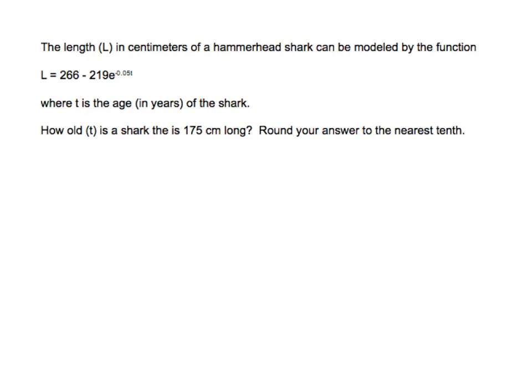Quite often we represent growth of animals or plants or things like that exponentially, and this is an example of that, and then how we can actually solve it. Again, we have a story problem. The length in centimeters of a hammerhead shark can be modeled by the function L, the length of the shark, equals 266 minus 219 e to the negative 0.05 t, where t is the age in years of the shark and L is the length in centimeters.